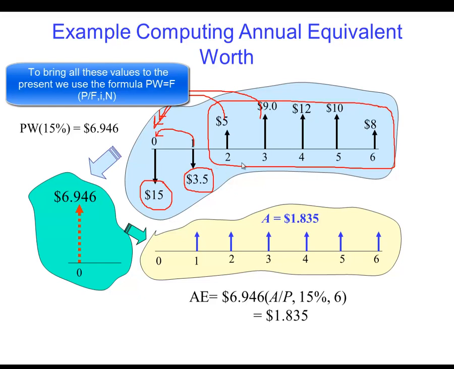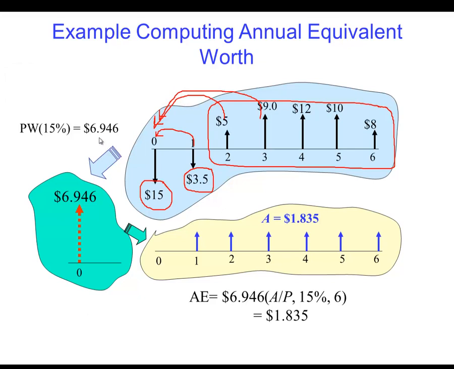If we calculate the present worth, it will be approximately $6.95, and that's the present worth with an interest of 15%.